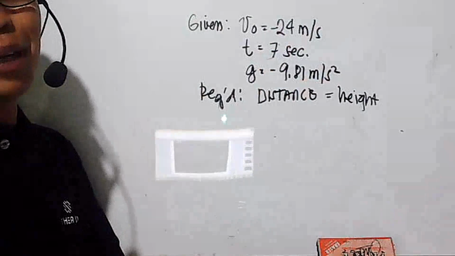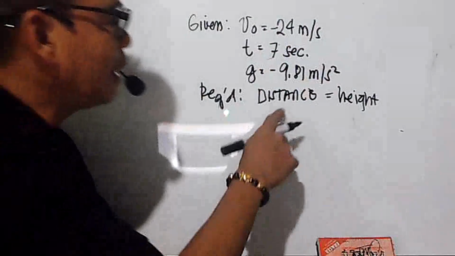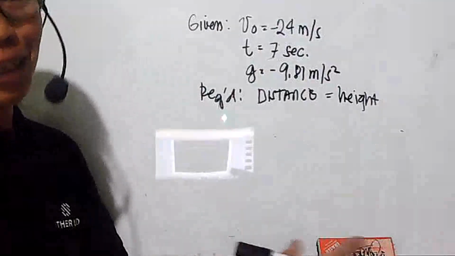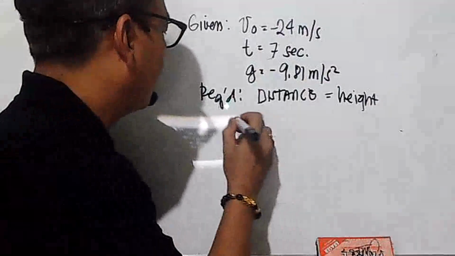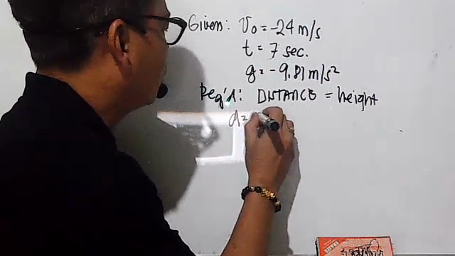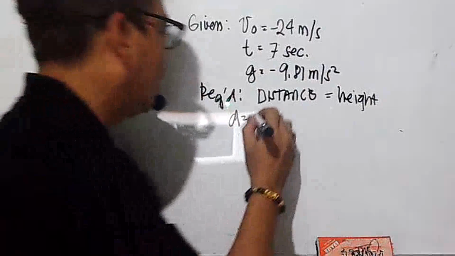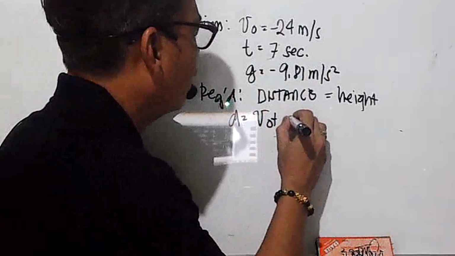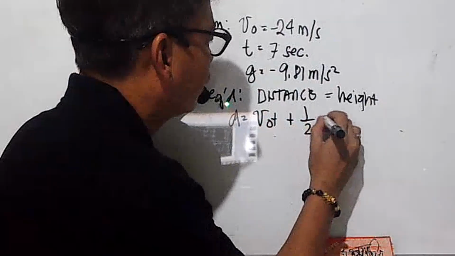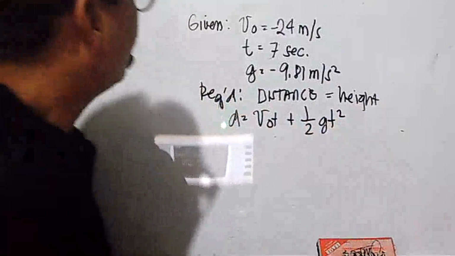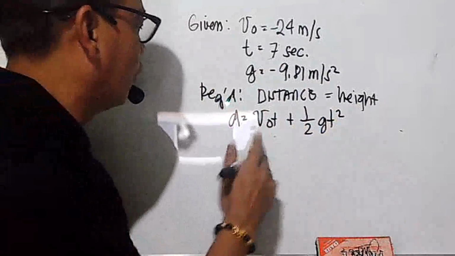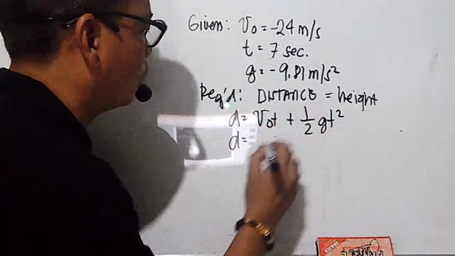So using the formula again for distance, we're looking for the distance or the height. This time, not the building, but the cliff. So the distance d is equal to your initial velocity, v0 t, plus 1/2 g t squared. Now, this time may value ka na for your initial velocity, not like before, which is equal to 0.